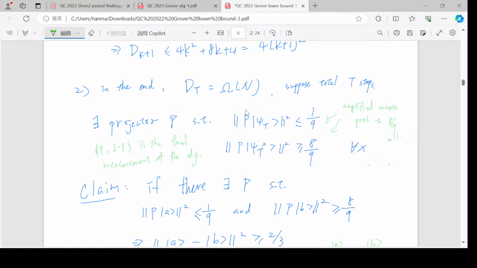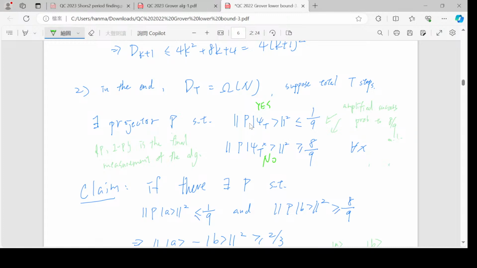Suppose that, it's a bit funny, yes instance and no instance are kind of reversed. But anyway, let's assume for the yes instance we have a very small probability. Let's say P is a reject projector. We have been saying this psi with no superscript is the yes instance, and there is a no instance.